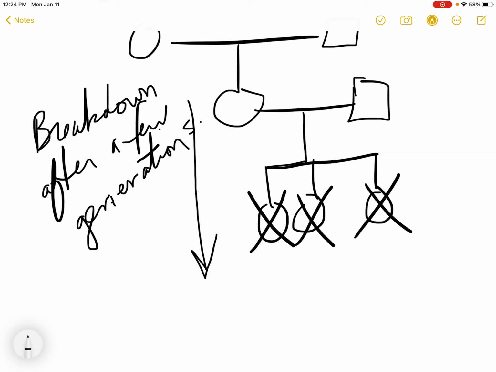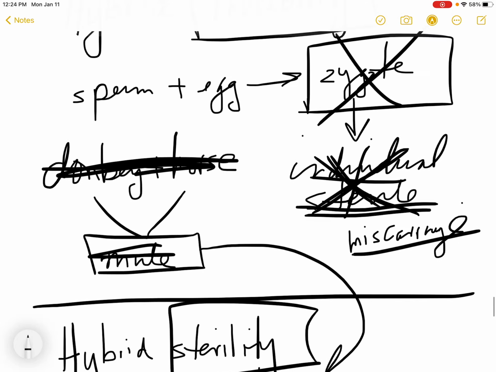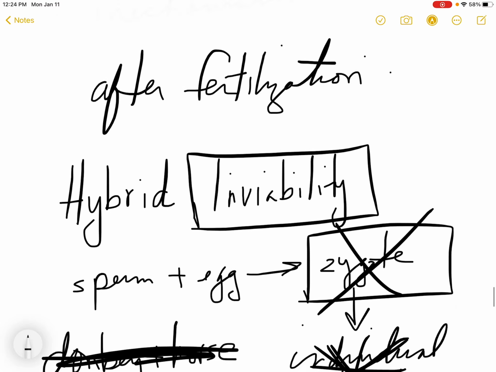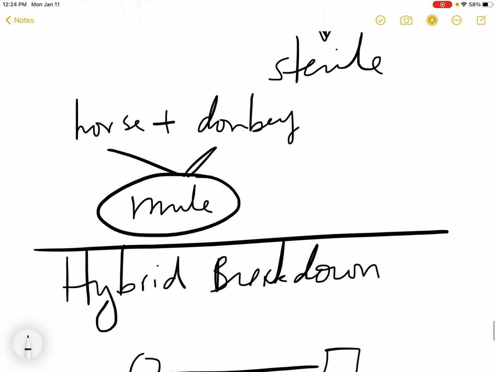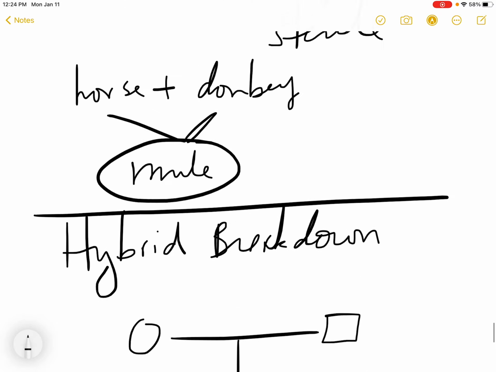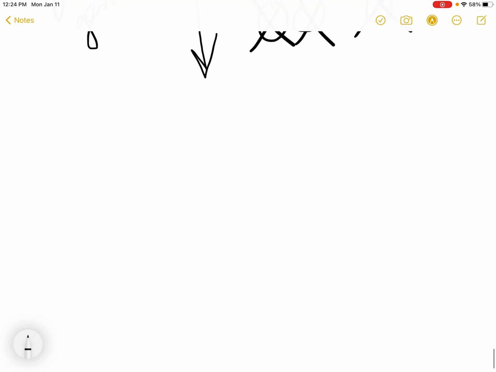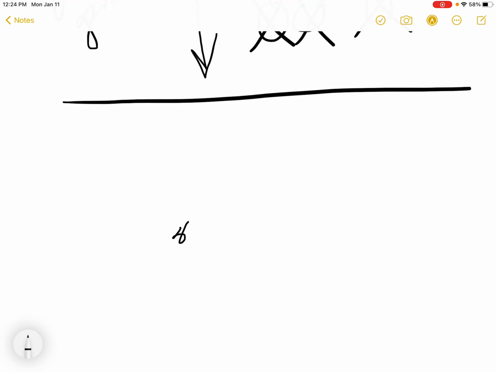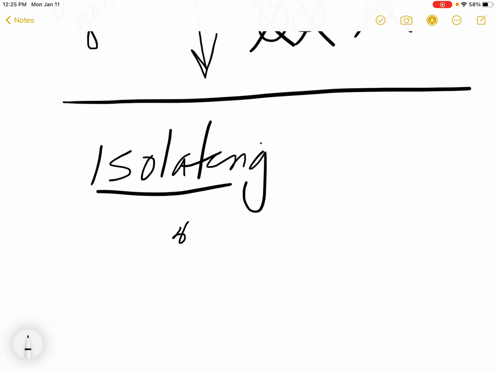All right. And so these are the mechanisms of speciation and the mechanisms that keep gene pools separate from each other. These are the mechanisms of isolation. All right? And so essentially, because they isolate, they basically are working against blending of the gene pool. So all of these are isolating mechanisms.